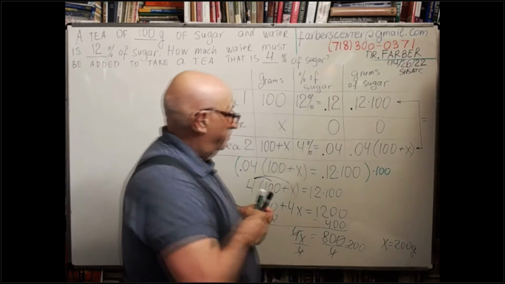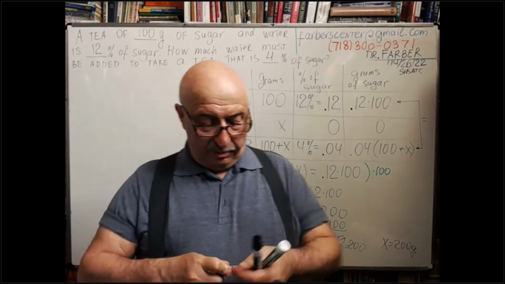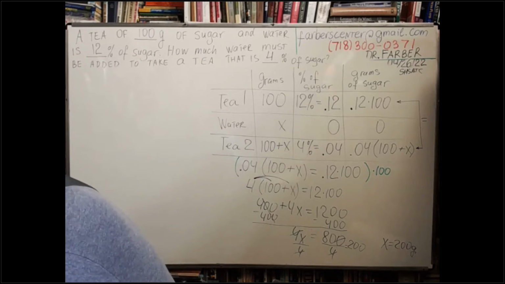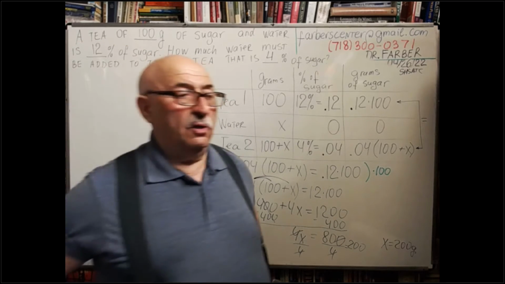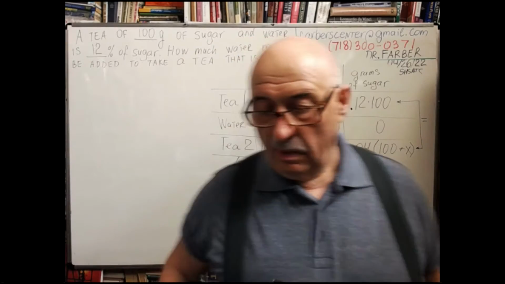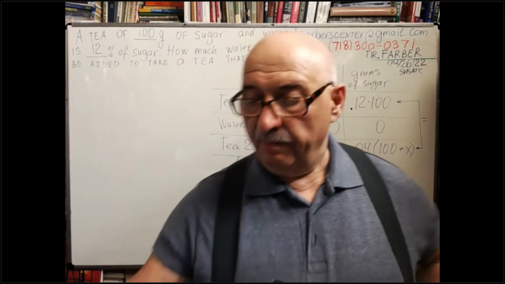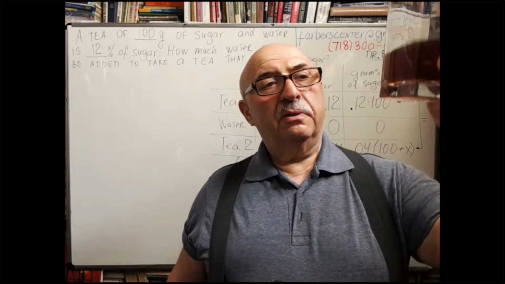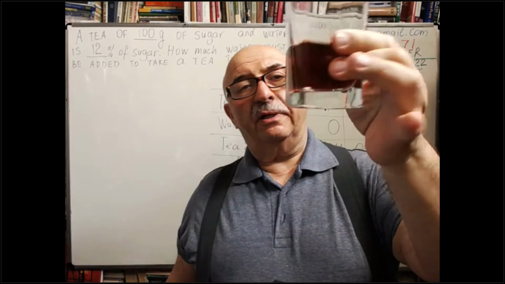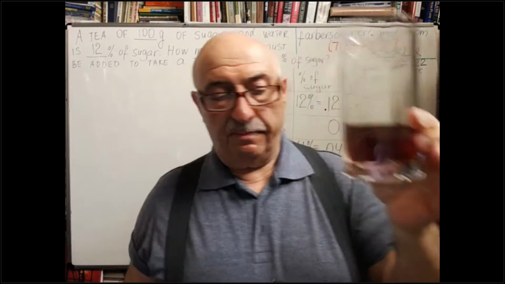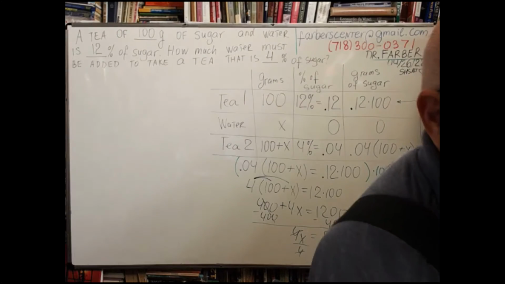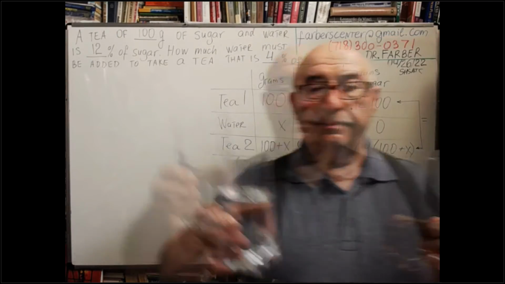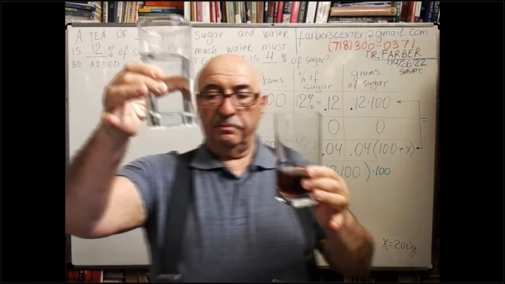So return to this model. We name it, I diluted this solution. Here we have this sugar, this tea with sugar, very concentrated, like 12%, very dark. And I prepare this 200, you see, just plain water.